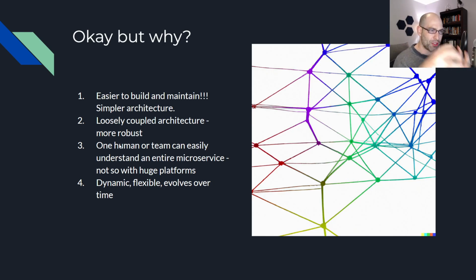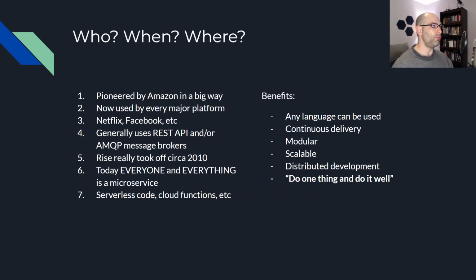And so you have these smaller components that one human or one team is able to fully understand and master, whereas you cannot have that in a super huge monolithic thing. Another thing is that it is much more dynamic and flexible and can evolve over time, which in today's world where Amazon and Netflix and Facebook and whoever else are always adding new services and features, that flexibility is critical when you adopt a microservices architecture.